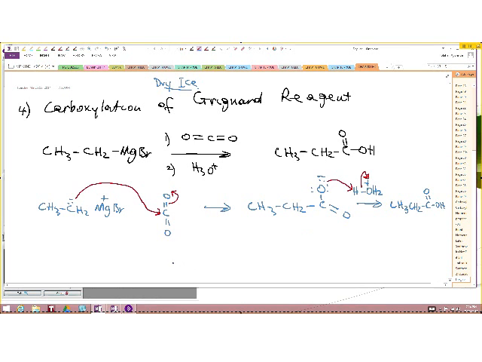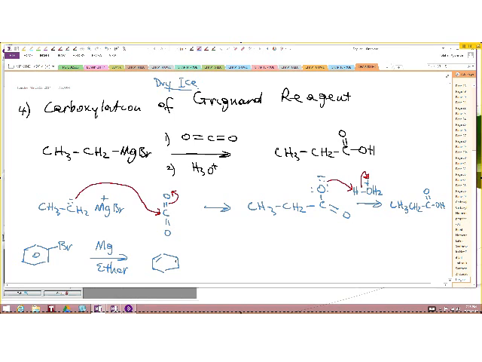Now the particular reaction you guys are going to do in your lab will be this here. I believe you are going to start with bromobenzene, then you have magnesium in ether, and then you have your Grignard.